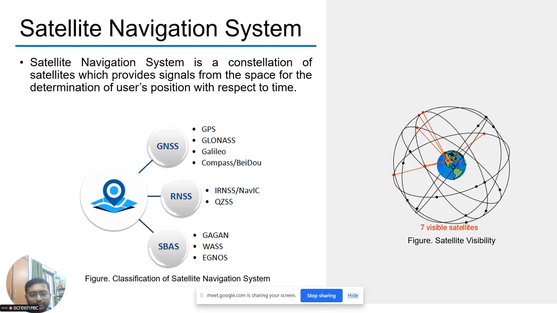Basically, the use of these augmentation systems is to give you precise positioning, which can be used for navigation in the air or on land. And on the right-hand side, you can see how many satellites are available at a given location at a given time. The number of satellites present will change and give us accurate positioning.